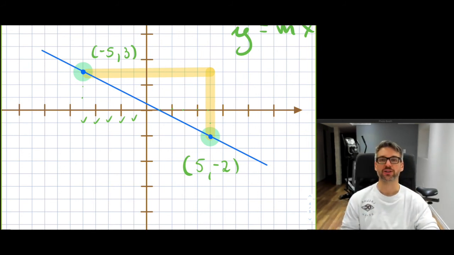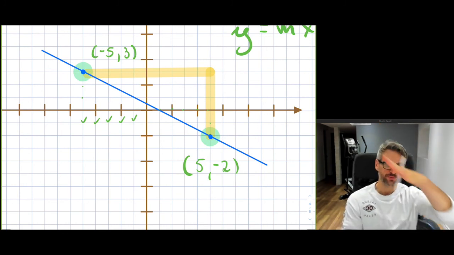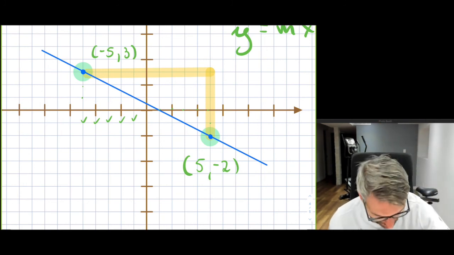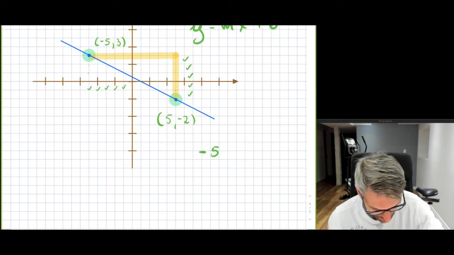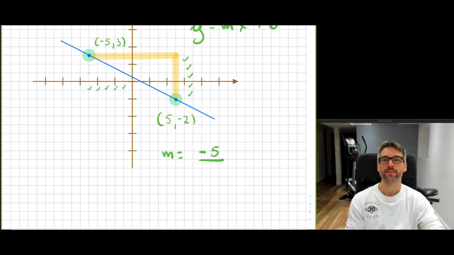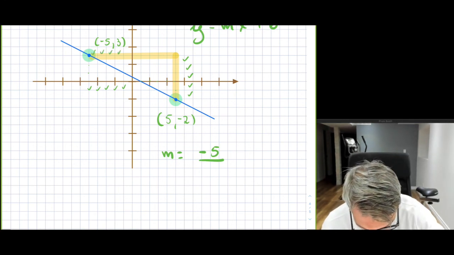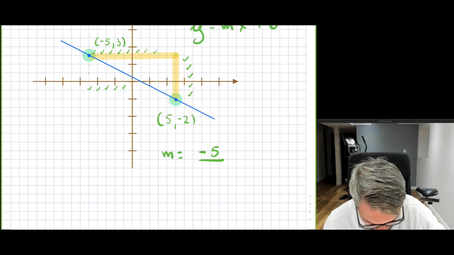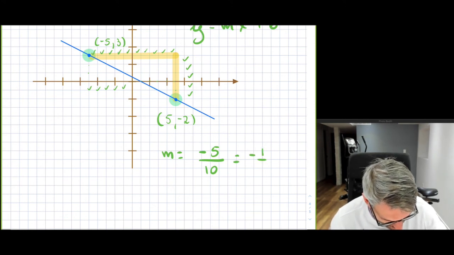So that one is much easier. So my rise, and notice it's a negative slope because it's going in this direction. So my rise is 1, 2, 3, 4, 5, and it's negative 5. It's falling down. My run is in this case 1, 2, 3, 4, 5, 6, 7, 8, 9, 10. Okay, and that is just equal to, if you simplify this, to negative 1 over 2.